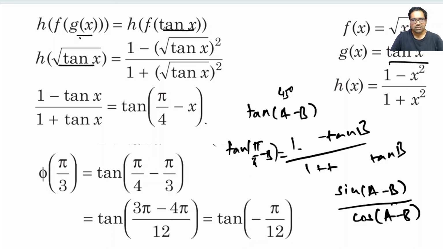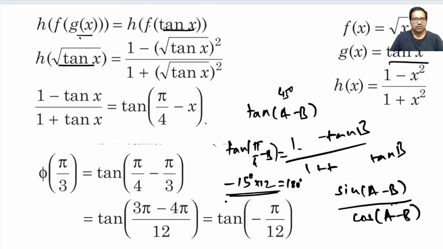What is minus pi by 12? This is minus 15 degrees, right? 15 into 12 is 180. So tan of minus 15 degrees.